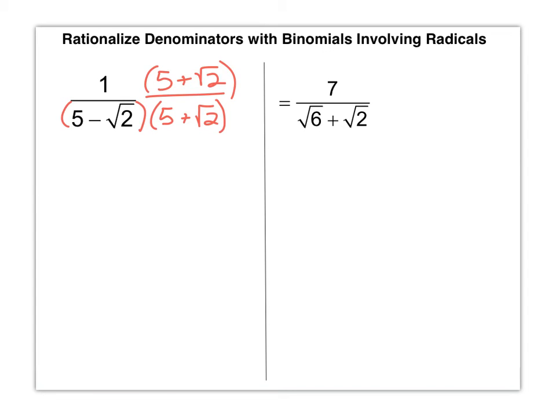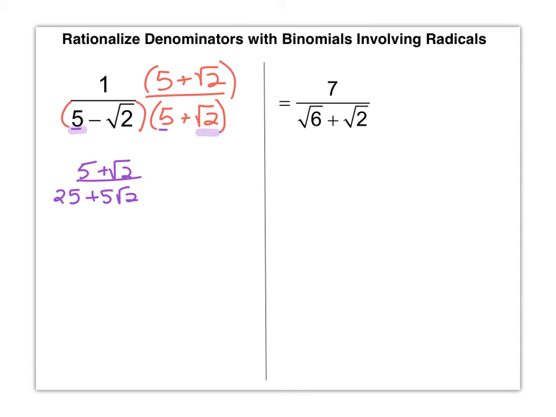Now we can simplify the numerator. 1 times 5 plus square root of 2 is 5 plus the square root of 2. And in the denominator, using the FOIL process, the first is 5 times 5, which is 25. The outer, 5 times the plus square root of 2, is plus 5 square root of 2.